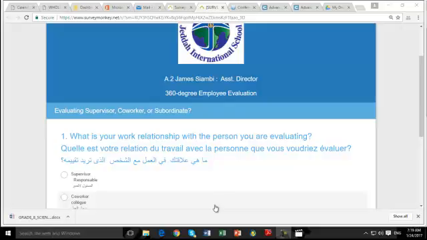Now, why do we do this? Why do we need you to do this evaluation? First, we need to provide ourselves as a school and our members with an opportunity to find out the perception of each other, the perception of people on the work we do, and then compare those perceptions with our own perceptions.